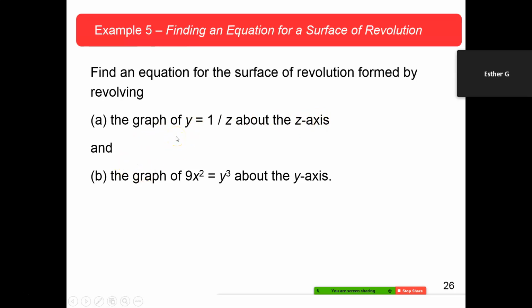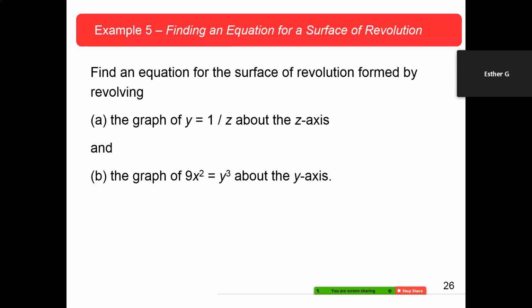That's the easy part. Now x squared plus y squared is equal to that function of z squared. So that would be 1 over z squared, because that would be your radius squared. So x squared plus y squared is equal to 1 squared over z squared.